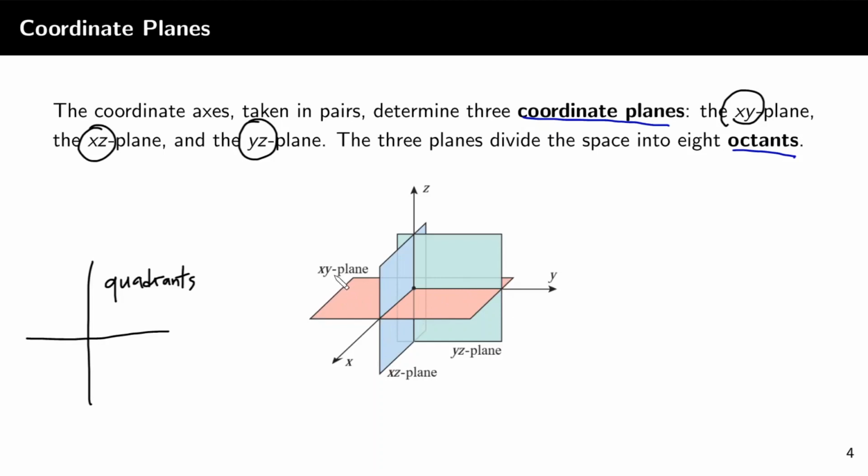So siya ngayon yung xy plane. Itong blue plane naman na to, it contains both the x and z axis. So siya yung xz plane. And then itong green na plane, it contains both the y and the z axis. So siya ngayon yung yz plane.